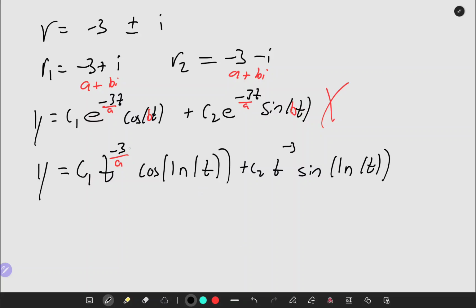Also, there's no t up here, right? You notice that? Just t to the -3 and t to the -3. If it was, say for example, -3 plus 2i, this would then be 2t, and this would be 2t. Okay?